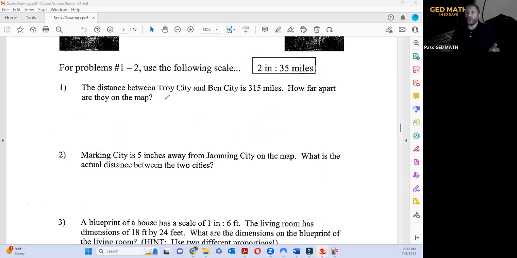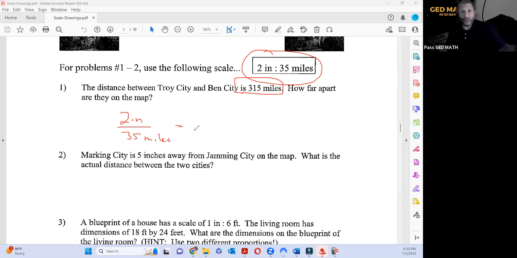Another way you could have solved this problem is setting up a proportion. So the first way we use the unit rate. The second way is setting up a proportion. We already know a ratio already. 2 inches for every 35 miles is equal to, we got to know how this is before 315 miles.